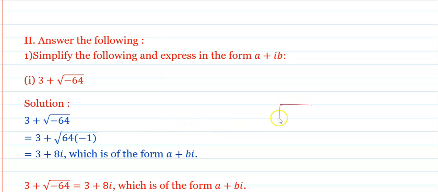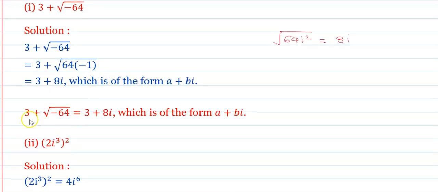Hence you will have 64 into i square, then you will get 8i. Therefore 3 plus 8i, and hence in the form a plus ib, 3 plus root of minus 64 is equal to 3 plus 8i, which is of the form a plus ib.